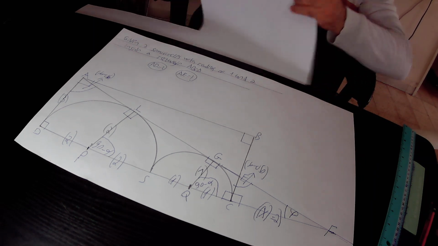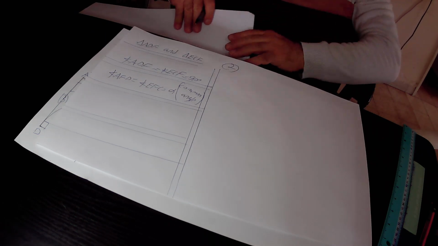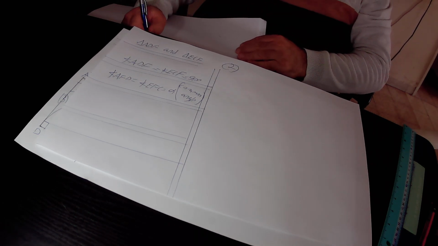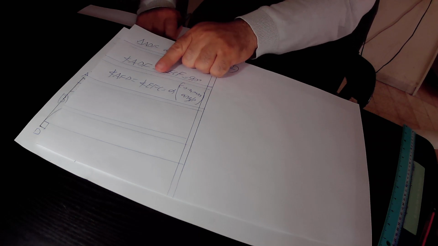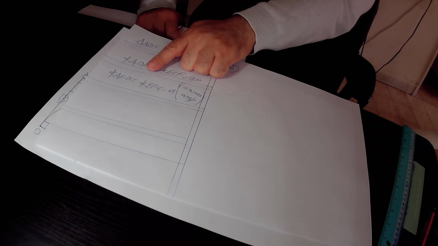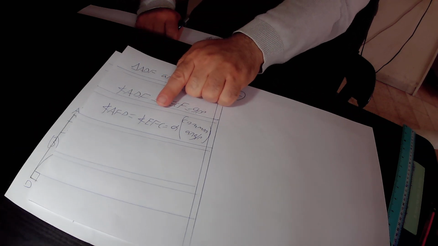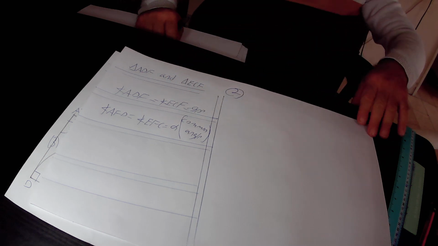So I'll repeat again. This equation means that angle alpha equals itself. We just gave angle alpha two different names. Angle alpha equals itself, a common angle that belongs to both triangles.